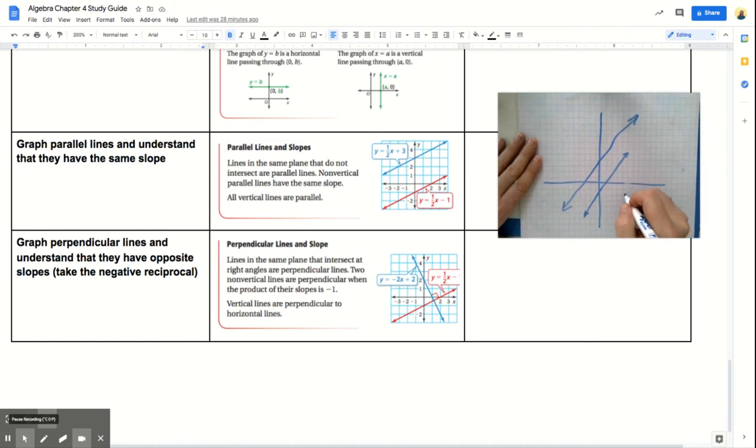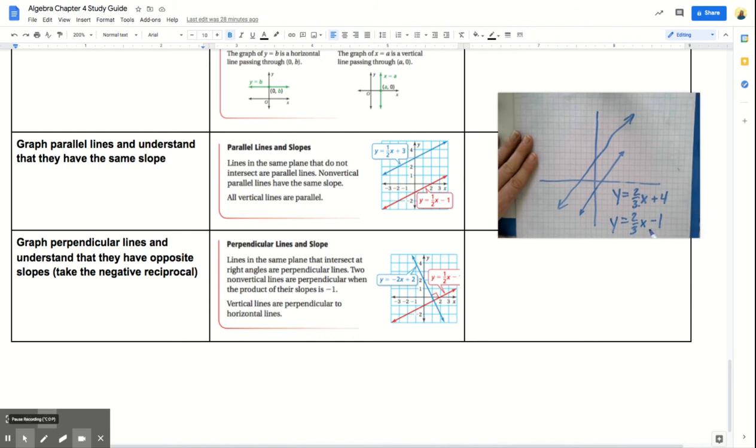All right, so let's say y equals 2/3 x plus, what is that, about 4? Y equals 2/3 x minus 1. You're going to notice that the slope is the same for parallel lines. It's 2/3 and 2/3. And here, our y-intercepts are just different. So if you see the same slope, you know they're parallel lines.